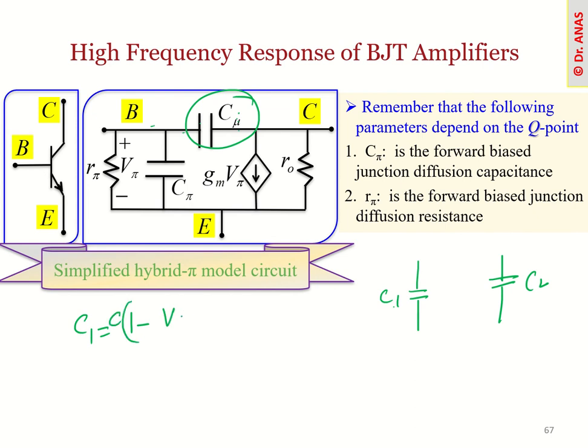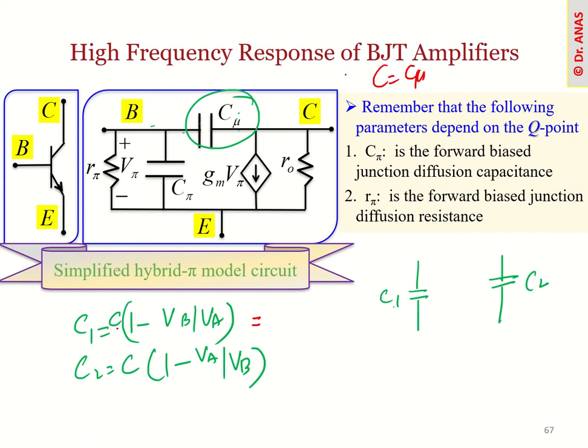C1 will be equal to C times 1 minus VB over VA, and C2 will be equal to C times 1 minus VA over VB. So what is C? C is basically C mu here, this capacitance.